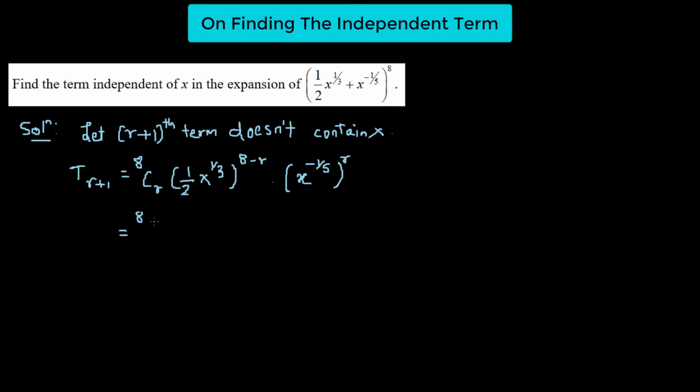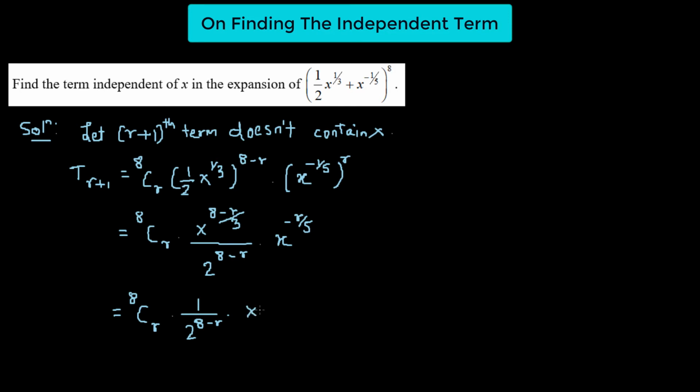That will be equal to 8cr times 1 raised to the power of 8 minus r, which is going to be 1, times x^((8 minus r)/3), all divided by 2 raised to the power 8 minus r, times x raised to the power of negative r over 5, which is equal to 8cr times 1 over 2 raised to the power 8 minus r times x raised to the power of (8 minus r)/3 minus r/5.